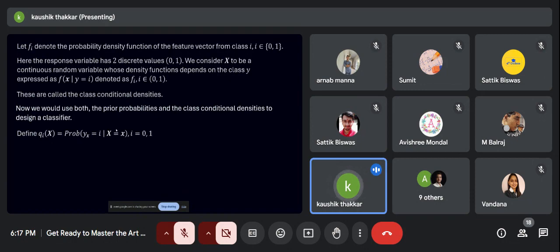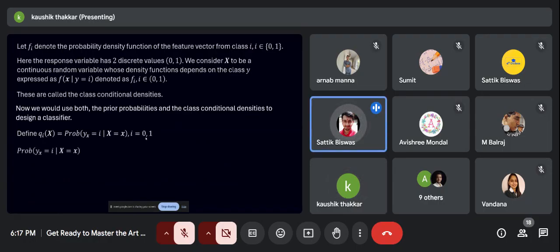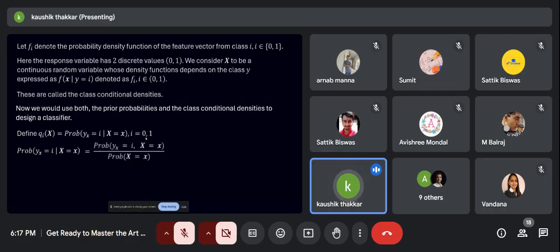So this is the probability that the class label is i given the feature vector x. Here x is the feature of the fish, and it is given. So given that, what is the probability that it's a salmon or a sea bass, right? Okay.